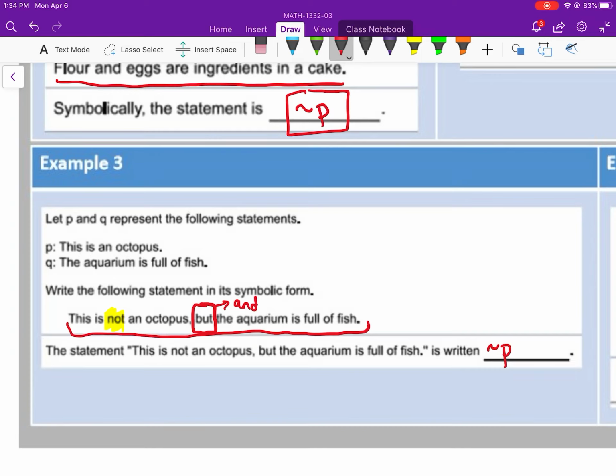Which means we are going to use that upside down V. So this is going to be not P and the aquarium is full of fish. Does that match statement Q? Yes, it does. So we're just going to put Q here, because it matches exactly what statement Q states. Statement Q says the aquarium is full of fish.